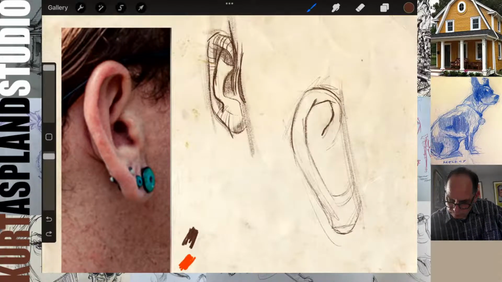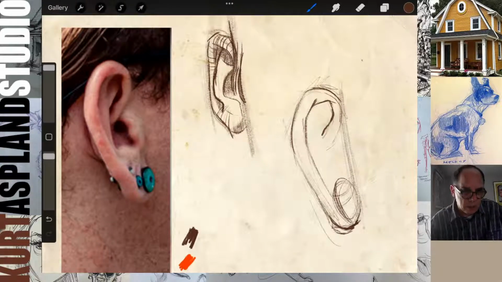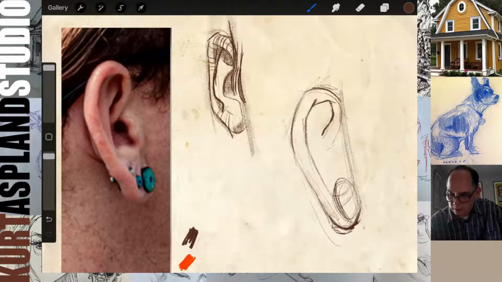So okay, let's get the Y in now. Can you see the Y? It's going to come down here.